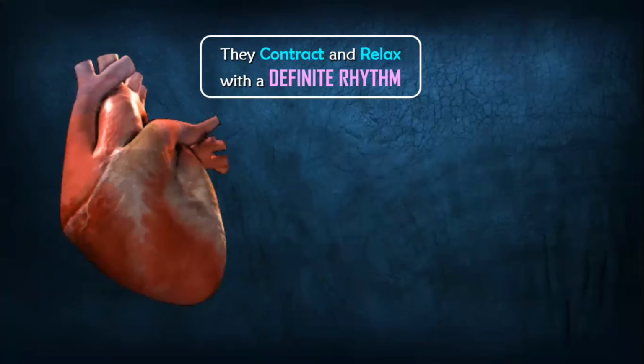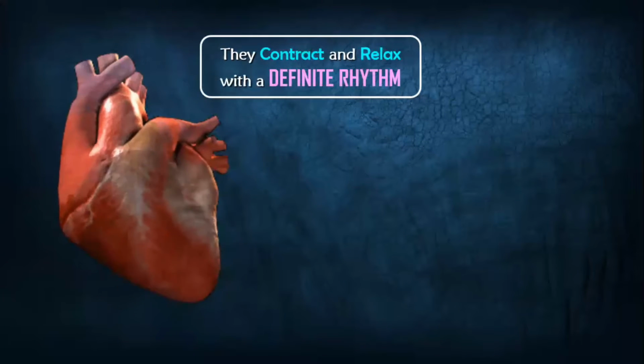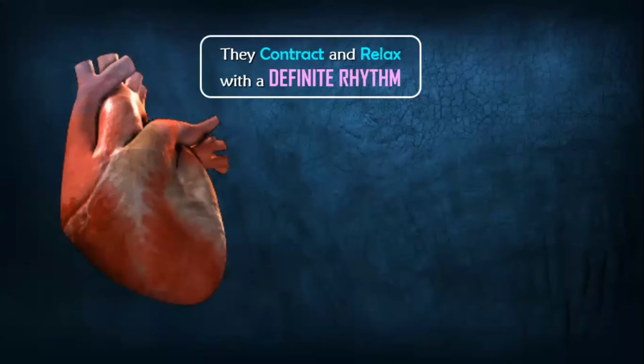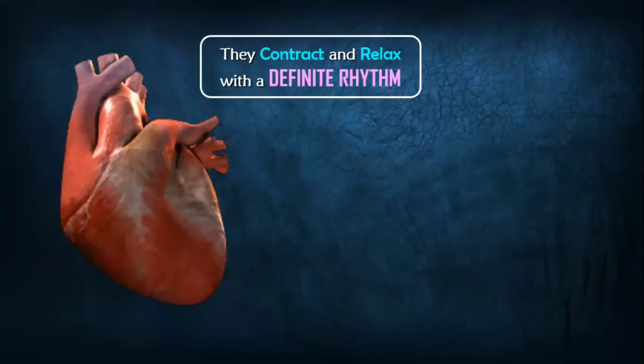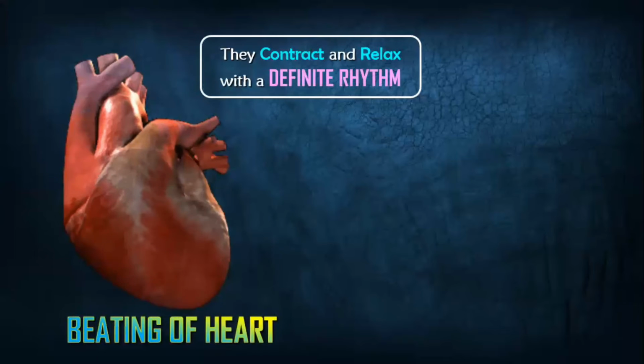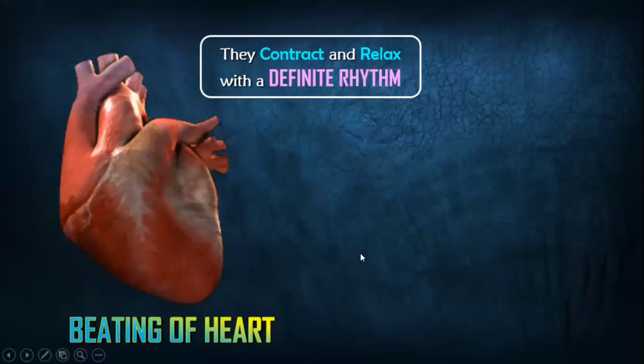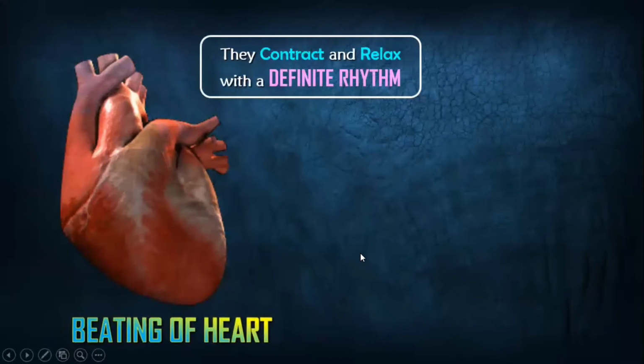If you are at rest, the heart is beating at a certain rate. If you run or do any activity, or you get worried or take some stress or you're happy, according to your physical and emotional motions, the heart beats accordingly. That is the reason we say it contracts and relaxes with a definite rhythm. This is how the heart is beating.